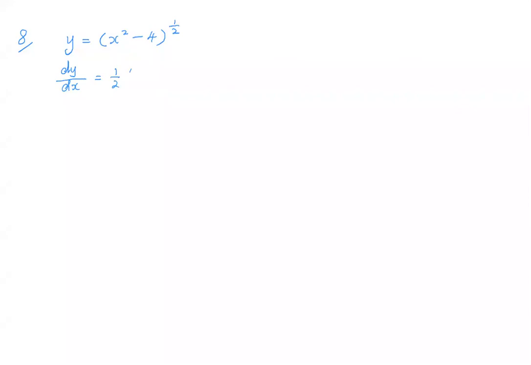Okay, then after that, x squared minus 4, to the power half minus 1. Okay, half minus 1, so it's negative half. Then after that, multiplied by 2x. Thank you. So, well done. You know the chain rule pretty well. So this one will be x divided by square root of x squared minus 4.